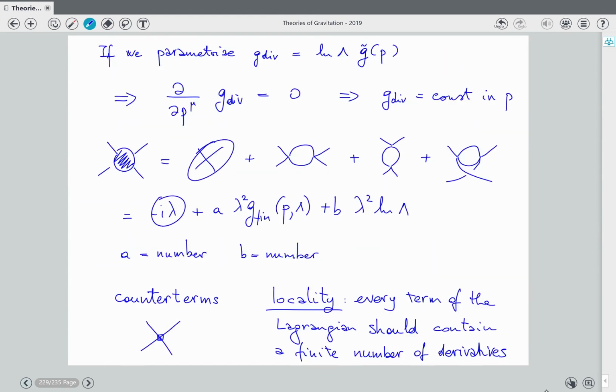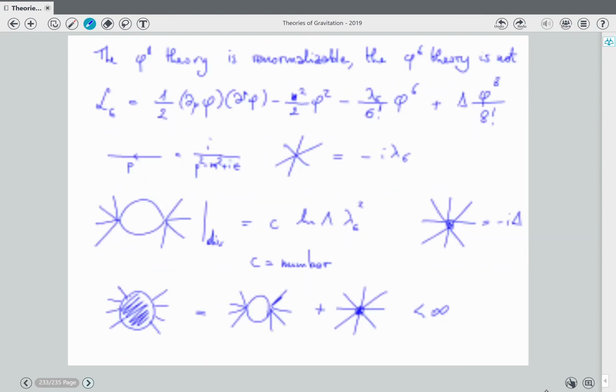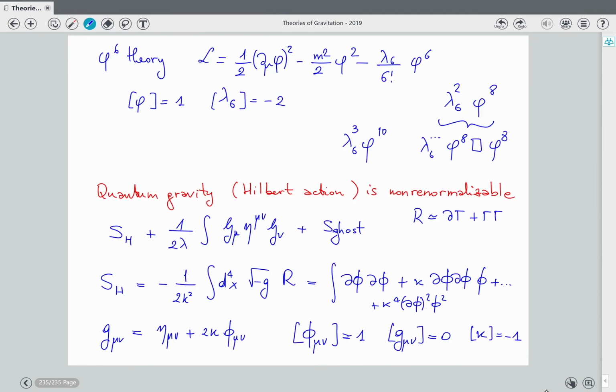This thing will be a polynomial in momenta. The polynomial in momenta will affect the integral because it will give numerators in the integrand, and that will raise the degree of divergence, and so on and so forth. So it's not like the phi to the 4th, it contains vertices with derivatives.